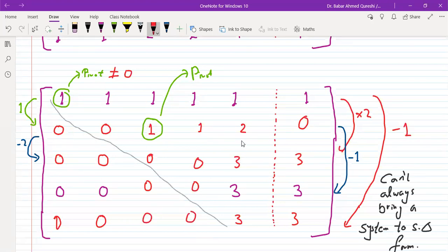यहाँ पे क्या नंबर आता है? Let's just do it. 2 को -2 से मल्टीप्लाई किया था, -4 + 3, -1.